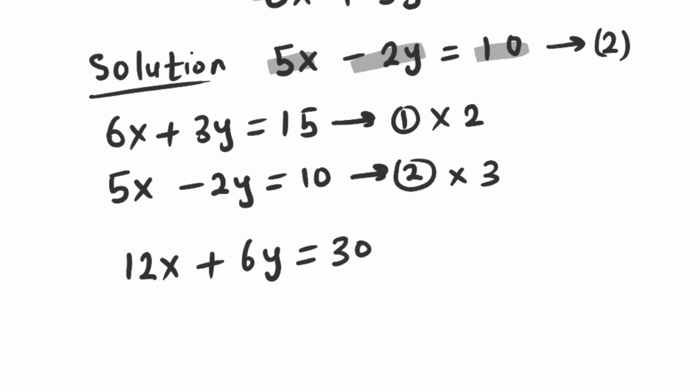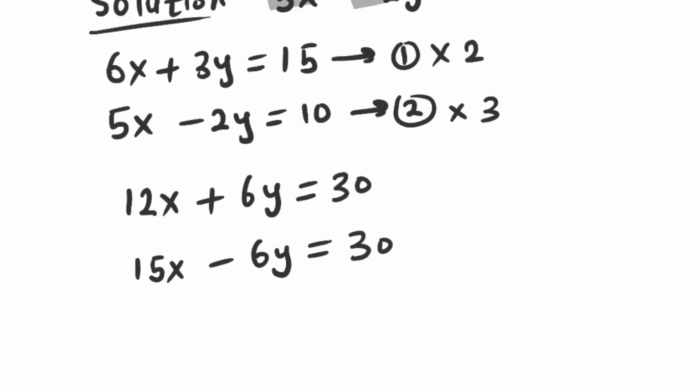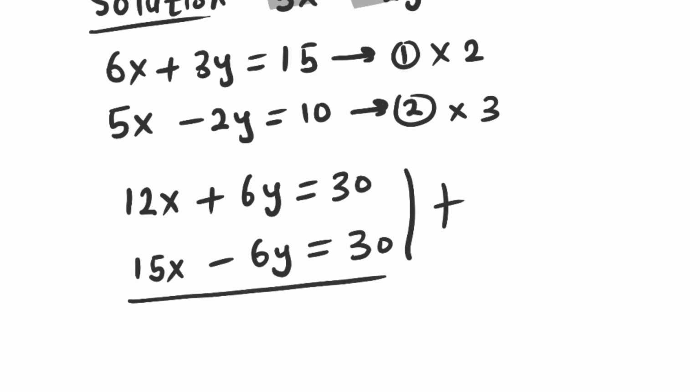Then we have 5x multiplied by 3, that is 15x, minus 2y multiplied by 3, that is 6y, is equal to 10 multiplied by 3, this is 30. Now let's add the two equations together because we are using the elimination method.